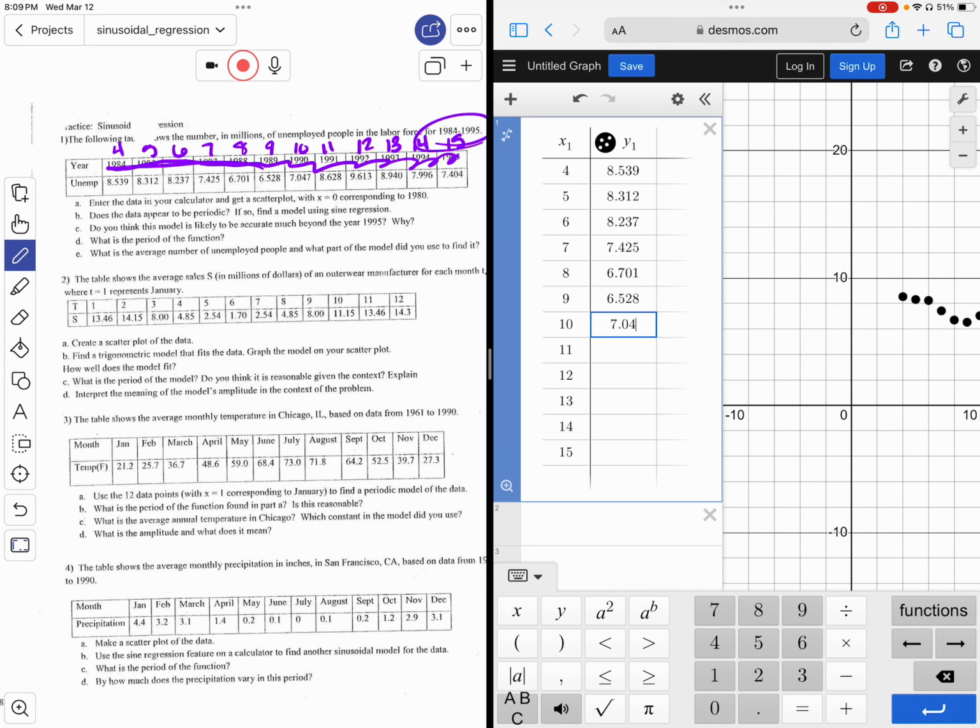So while we're entering this data, if you notice, the unemployment rate starts off at 8.5, it goes lower, and then it begins to climb again. So when we're studying things like economics or recessions and depressions, our nation's economy fluctuates.